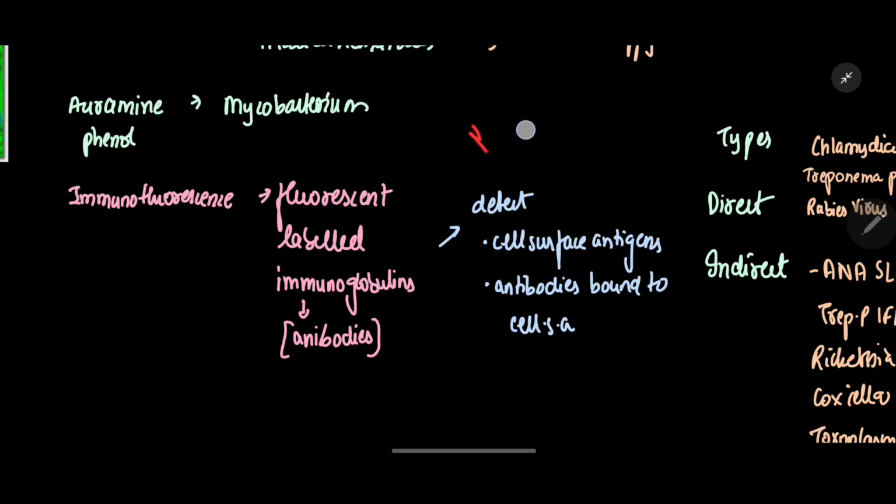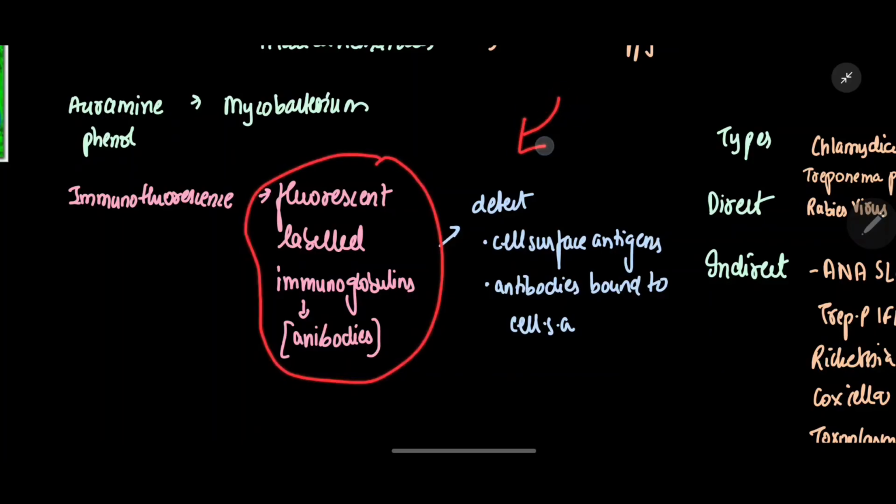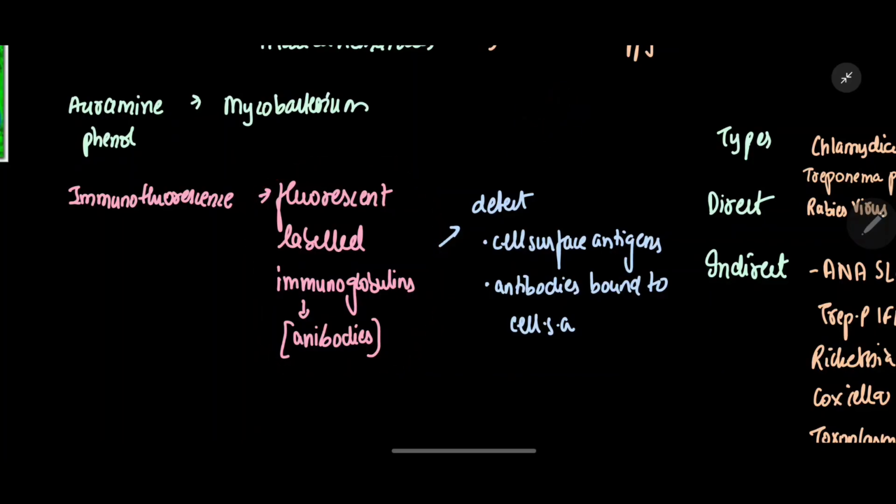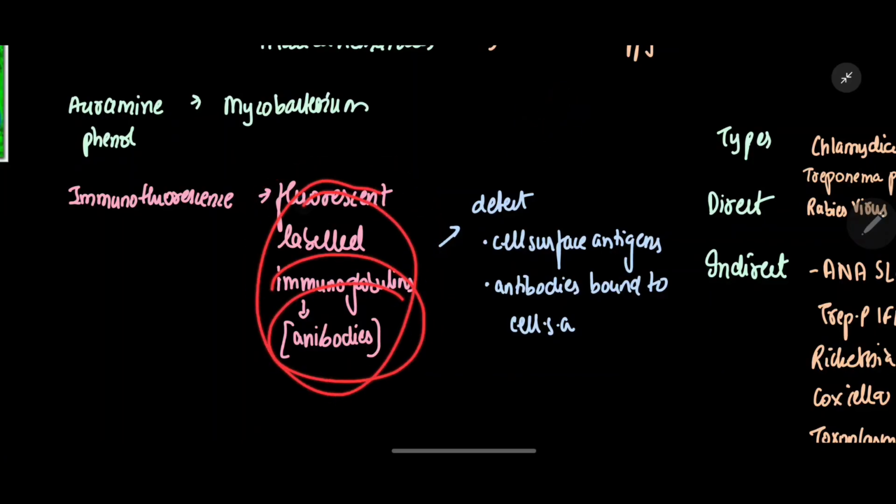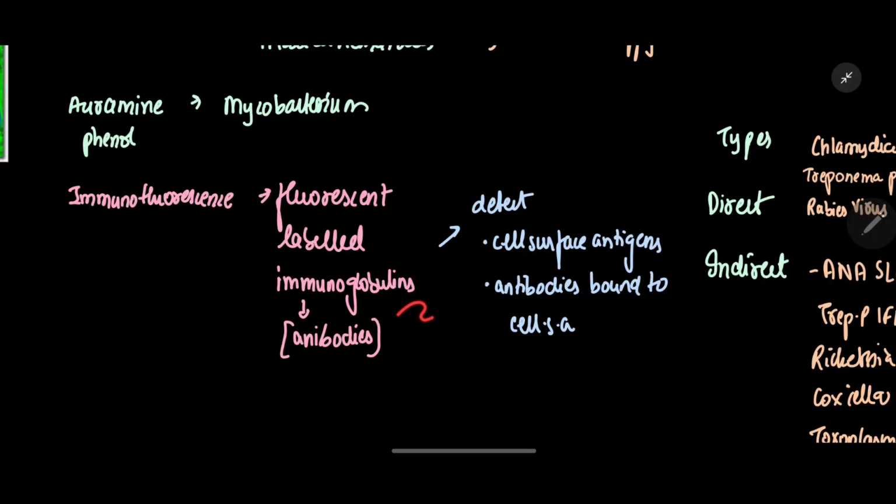So they will be labeled by some fluorescent dyes, and now you will take your microorganism, let's say, and you'll put it onto this fluorescent dye thing, and then if there was some cell surface antigen on this microorganism, it will get attached to this, and because this is having fluorescent dye, when this gets attached, this is also gonna get stained.